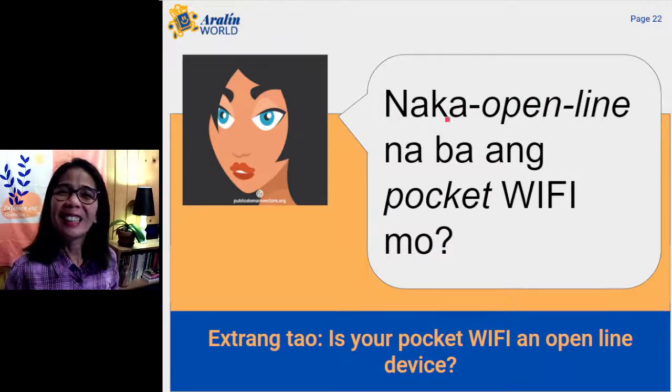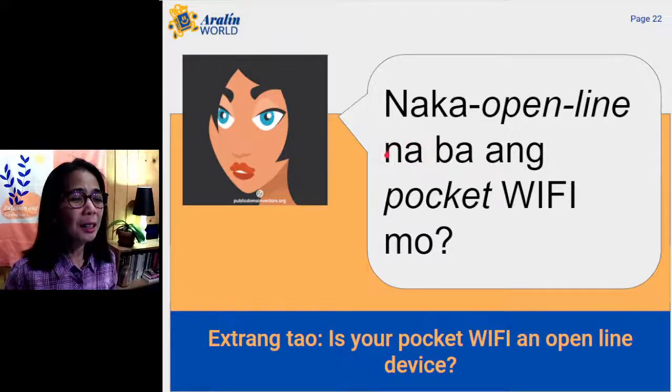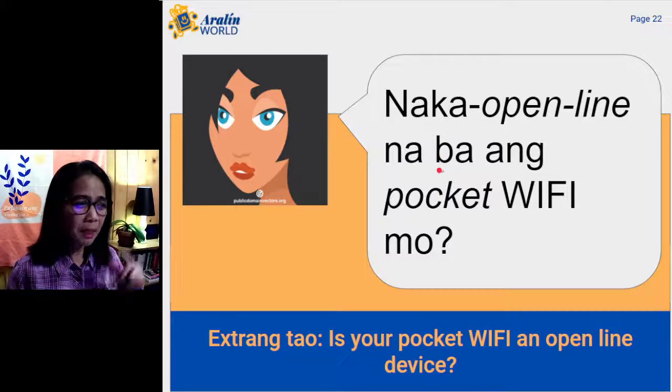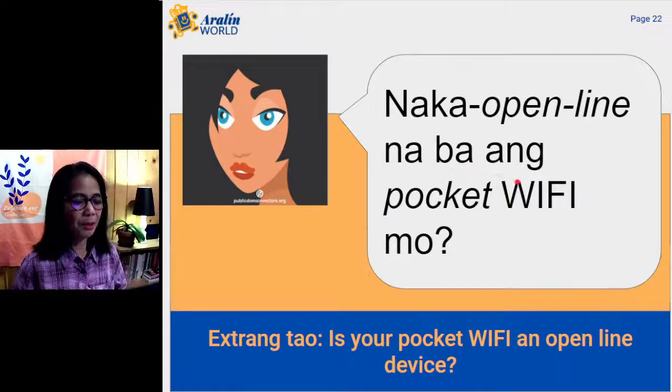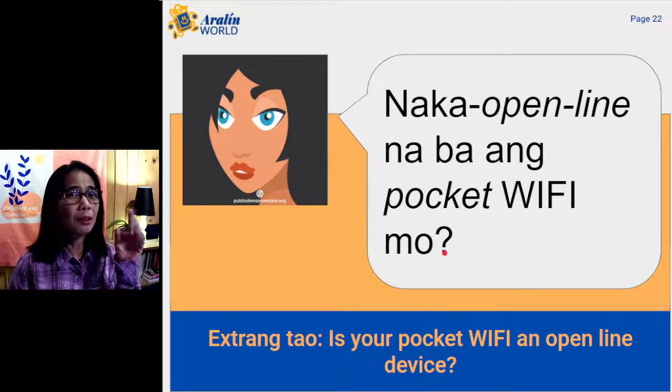Okay, ba is a particle which means you are raising a question. Na pertains to an aspect of time, and it's good to think of na as meaning now in this kind of statement. Okay, mo is the pronoun you.